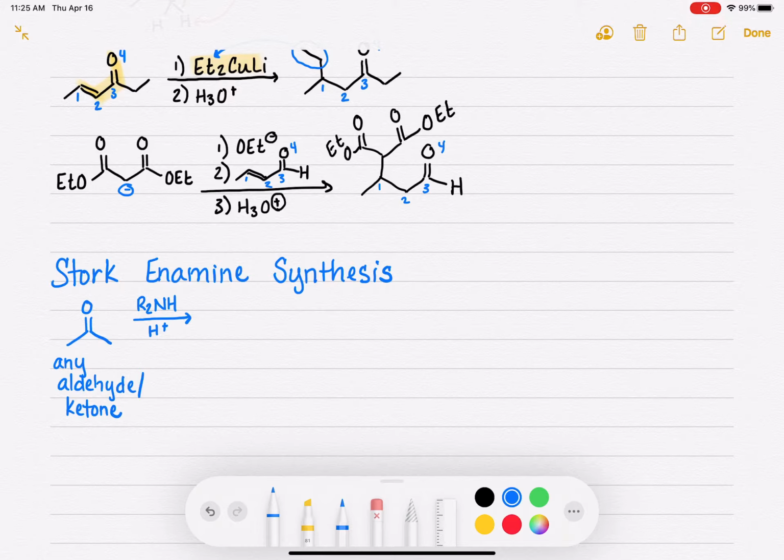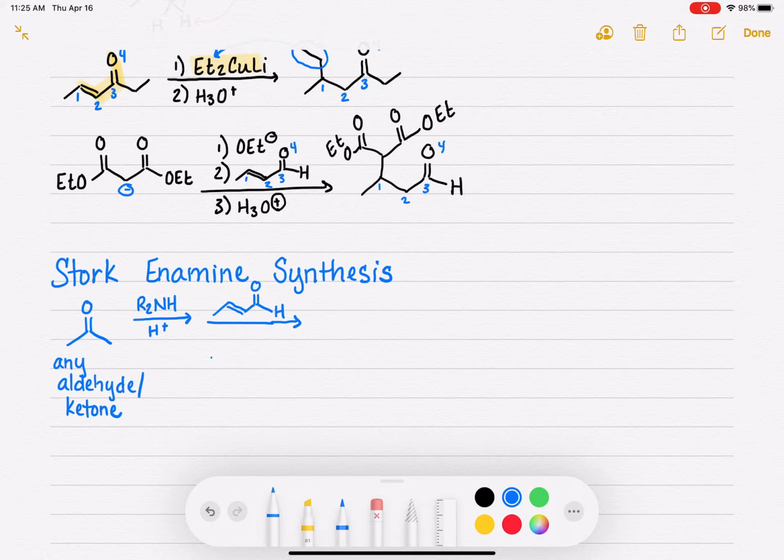We'll draw it eventually. And then we are going to bring in some sort of Michael acceptor. So just another one of those conjugated, usually carbon-carbon double bond conjugated with a carbon-oxygen double bond.